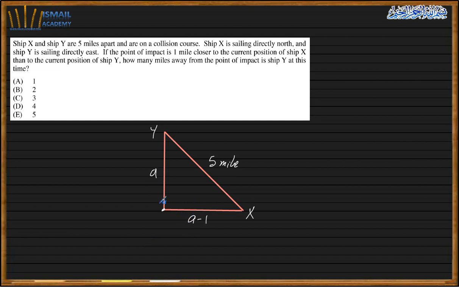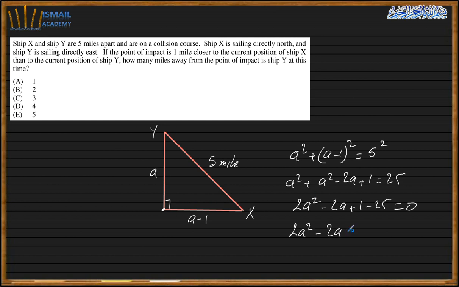So this is all Pythagorean theorem. So A squared plus A squared minus 2A plus 1 equals 25. Then plus 1 minus 25 equals, here. So I got 2A squared minus 2A minus 24 equals 0. So divide the whole thing by 2.